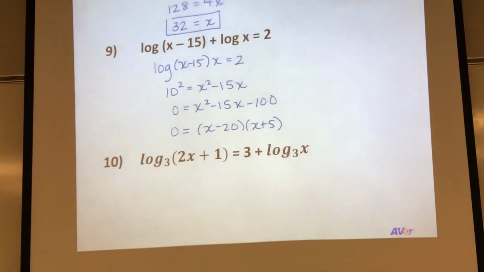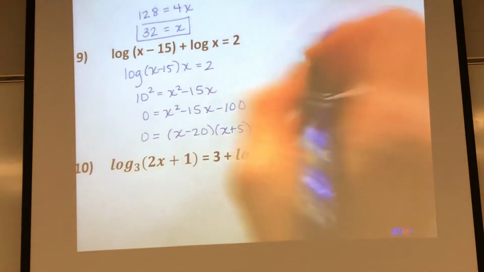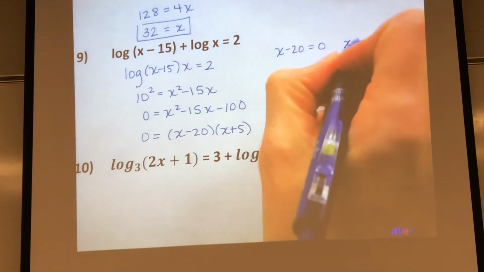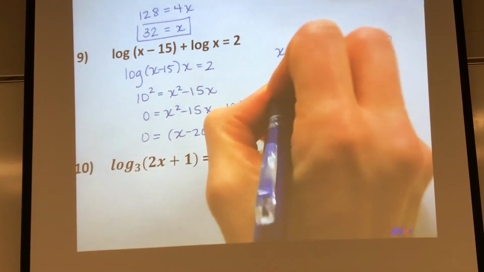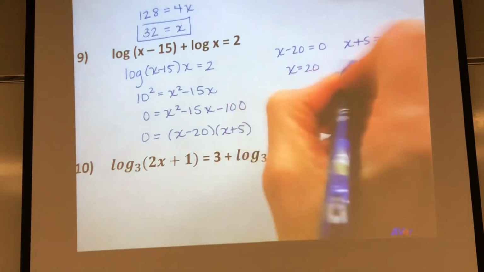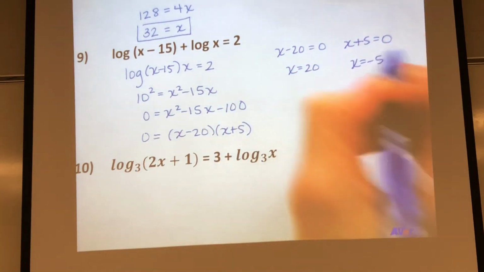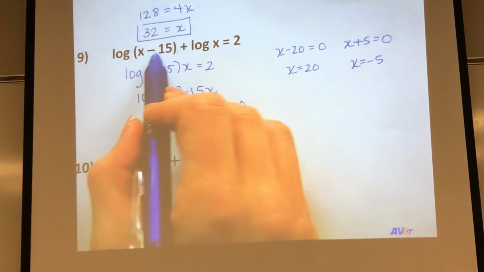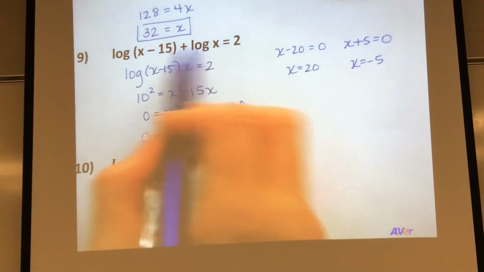Set them both equal to 0 to solve. x - 20 equals 0. x + 5 equals 0. x equals 20. x equals negative 5. Remember earlier when I said that you have to make sure that your answers are keeping your arguments positive?